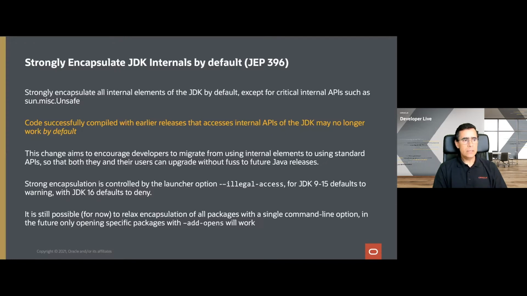The first one, perhaps the most scary change in JDK 16, is that we're going to strongly encapsulate JDK internals by default. One of the contracts between the maintainers of the Java platform and the developers is that there is a set of APIs that developers are welcome to use and which future versions of the JDK are likely to continue having.